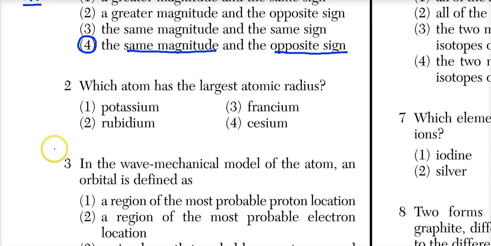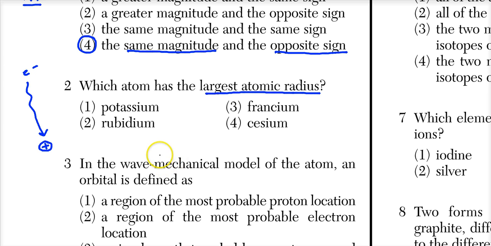Number 2. If you notice, we're in the atomic structure part of this test, and they usually go somewhat in order from atomic structure on. Number 2, which atom has the largest atomic radius? What they're asking here is which atom has electrons, or at least its outermost electron, that is farthest from its nucleus, that's positive. Of course, that's the nuclear charge due to protons.